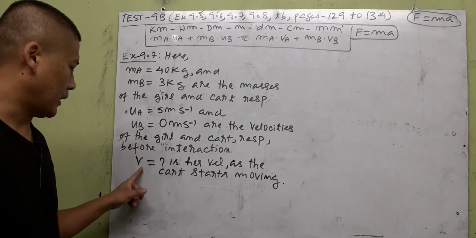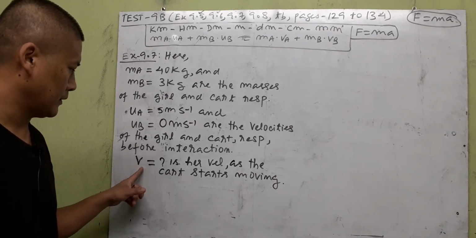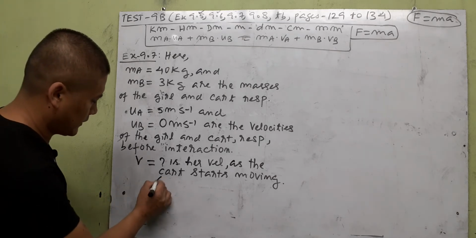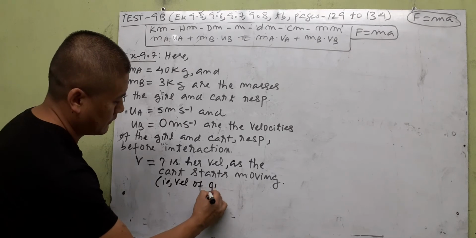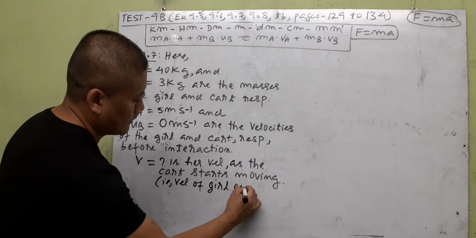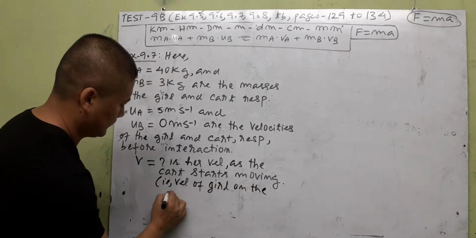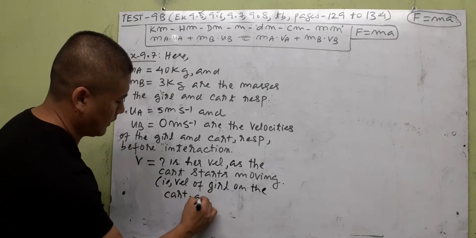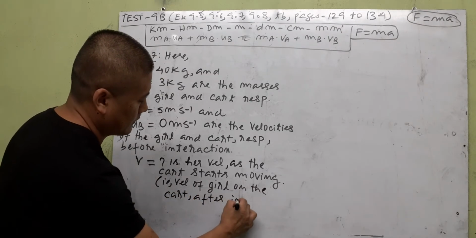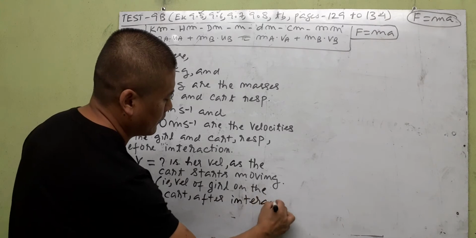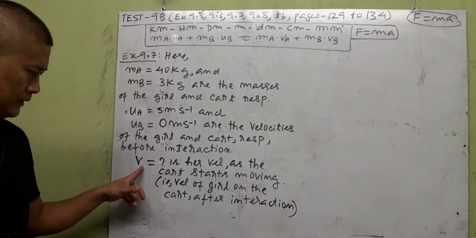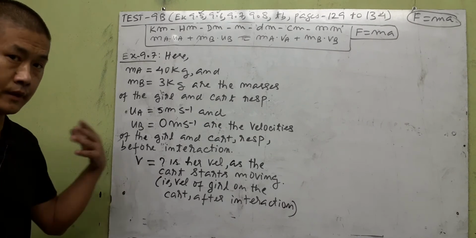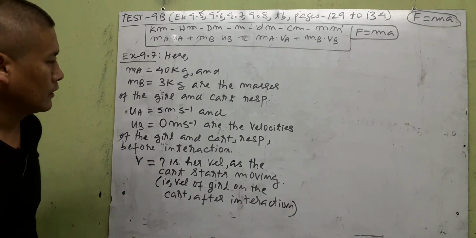So the cart velocity is also V. You can write here in bracket, velocity of girl on the cart, both of them, after interaction. So after she jumps on the cart, velocity of the girl as well as the cart both will be having V as the final velocity.